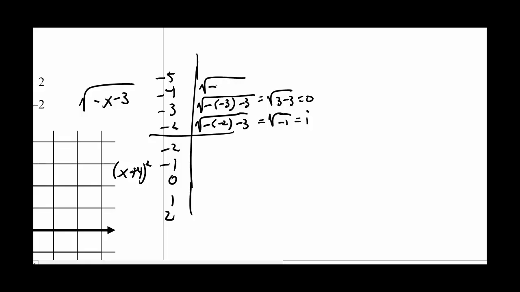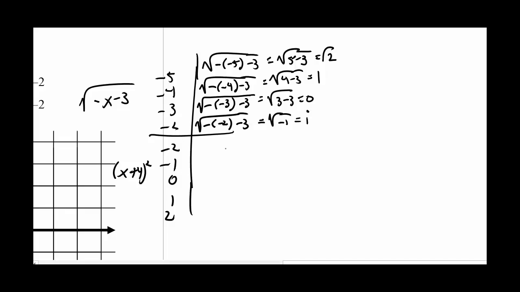Negative 4 minus 3 is 4 minus 3, which is 1. That's good. Oh, good. We get to put an awkward one in there. Negative 5 minus 3 is the square root of 5 minus 3, which is the square root of 2. Okay, so that's not a pretty number, but we'll hopefully get an idea what this thing is doing.